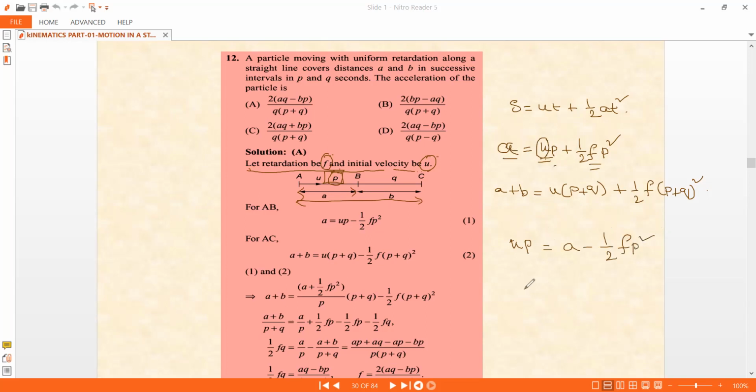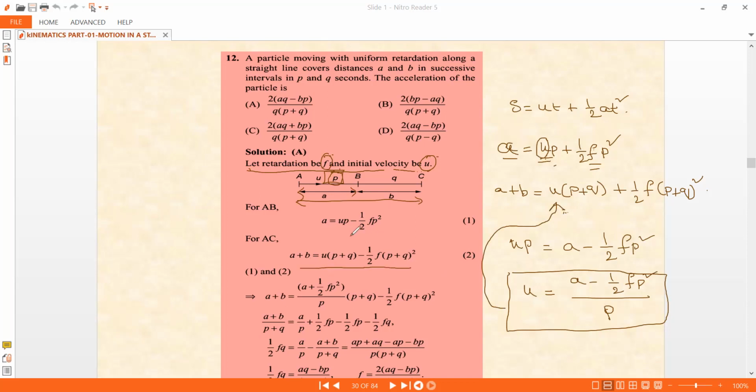And then U can be written as A minus half FP square divided by P. This is how one can substitute. This U part, we are going to substitute over here. So that's what is done here.